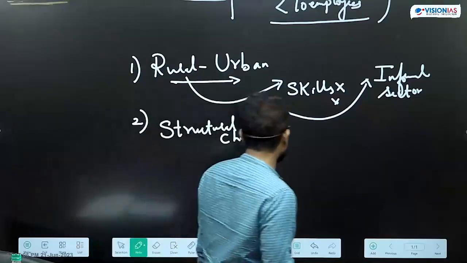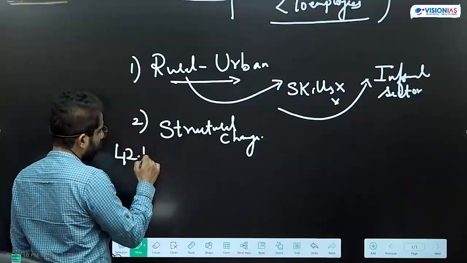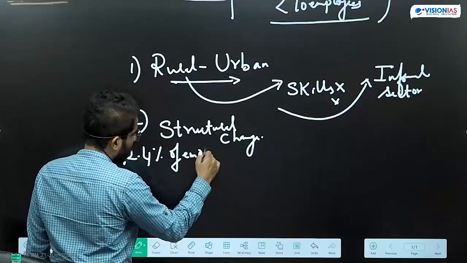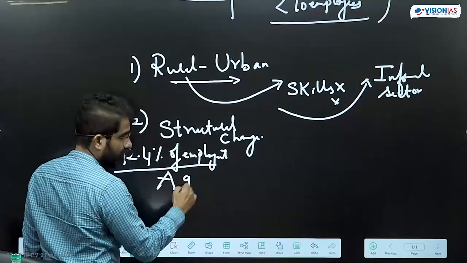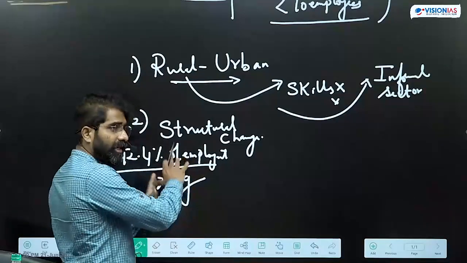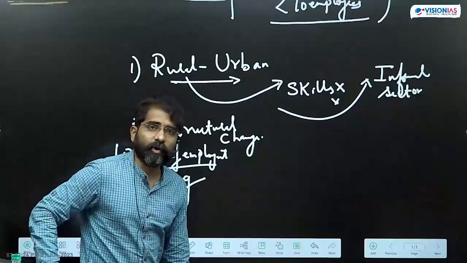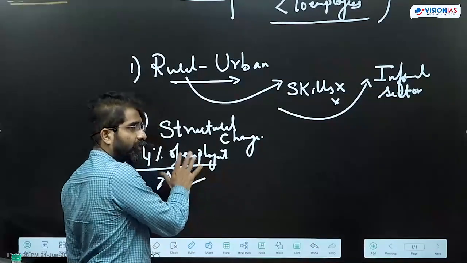Even today, 42.4% of employment is coming from the agriculture sector. That means more people are dependent on it. Is it true employment? Nobody knows. But 42.4% of the population are still dependent on agriculture. This is the occupational structure.